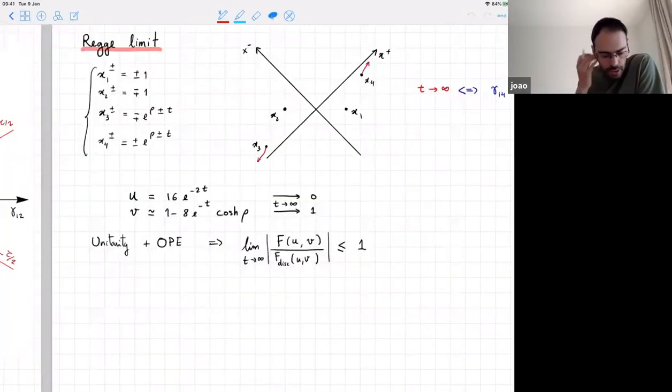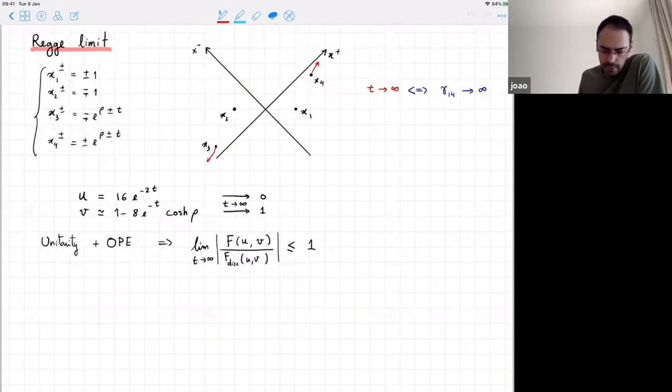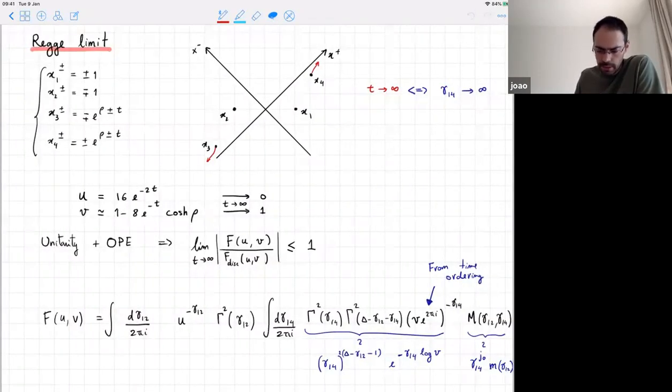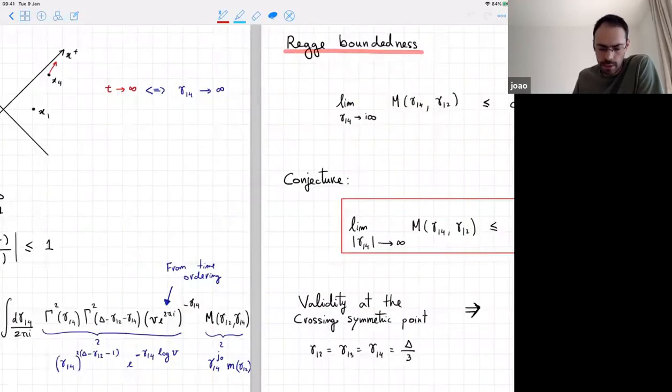So let me skip this part and just state the result, because we basically reviewed the literature; it was not something really new that we did here. If you study the Regge limit, you have some bounds on the correlation function in position space, and you translate them to Mellin amplitudes.